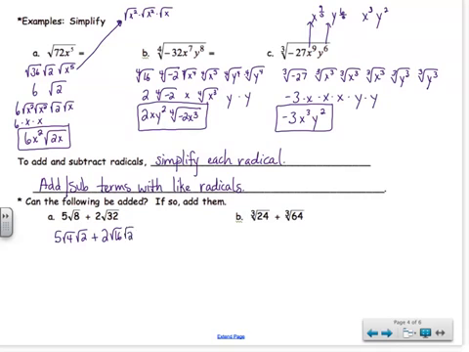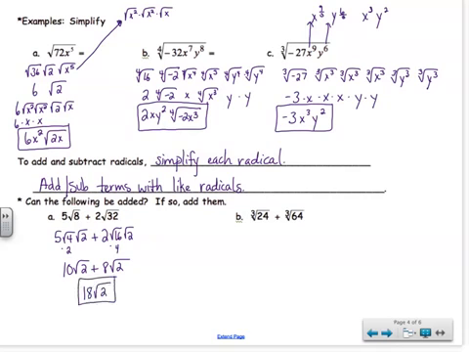Now if I simplify, this root of 4 turns into 2, so I get 5 times 2, which is 10 root 2. And over here, my root 16 turns into 4, so I get 2 times 4, which is 8 root 2. I add those together, I get 18 root 2.